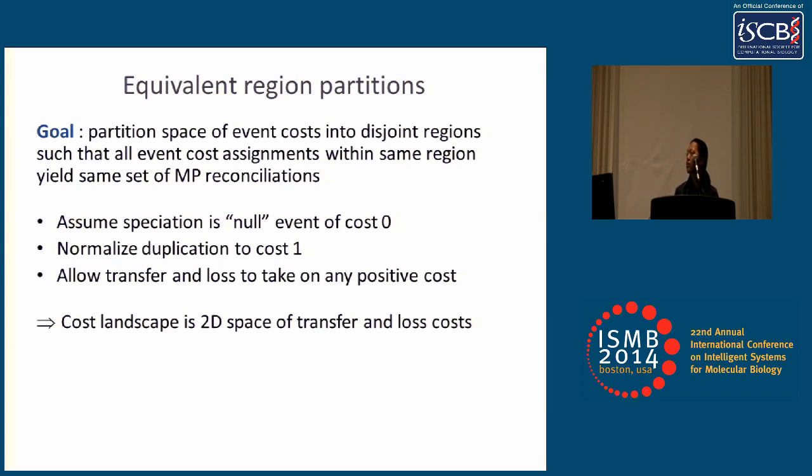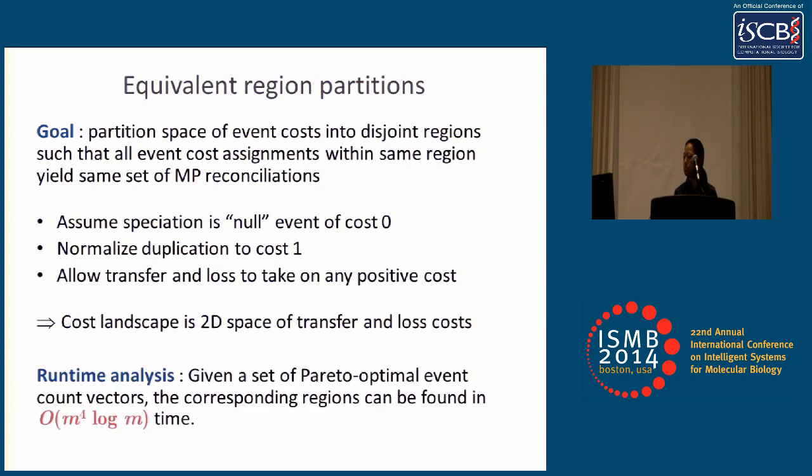But what that does is allow me to give transfers and losses any positive cost with respect to the duplication, and what we have is just a 2D space of transfer and loss costs. And I'm not going to go into the details of this, but it turns out that you can actually compute these partitions in O of m to the 4th log m time. And again, full details in the paper.